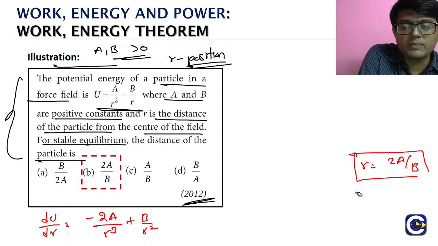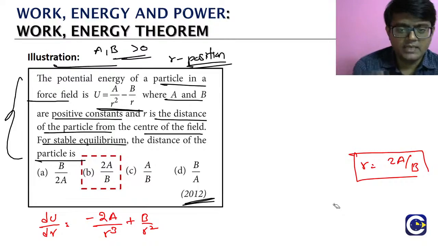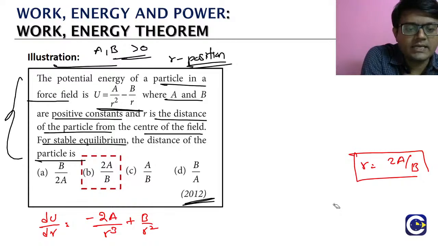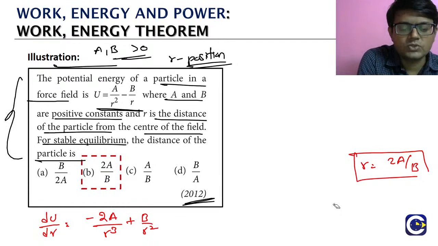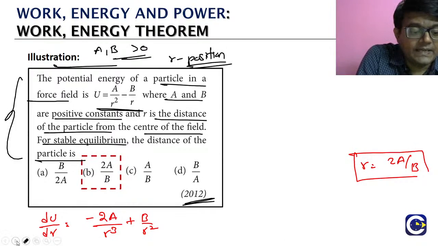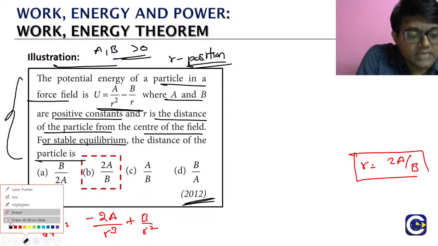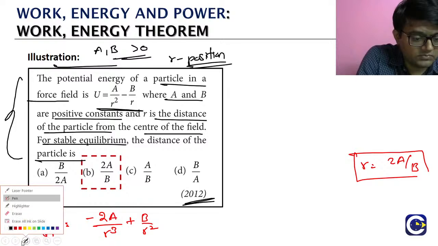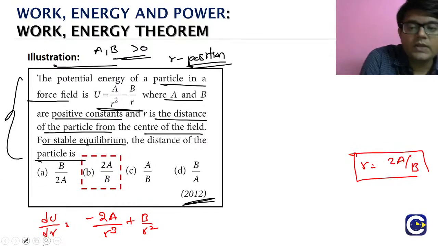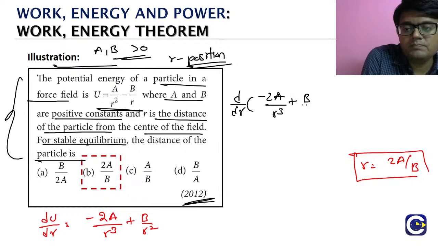We concluded that r is equal to 2a by b. In the next step, we have to confirm, because they are asking for the stable equilibrium position. So we have to confirm whether the position r equal to 2a by b is a stable equilibrium or unstable. For that, we take the derivative of minus 2a by r cube plus b by r square.